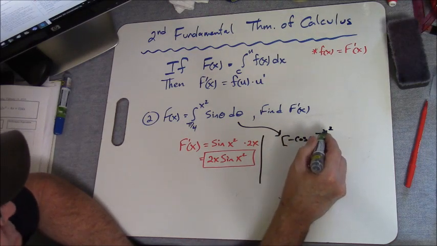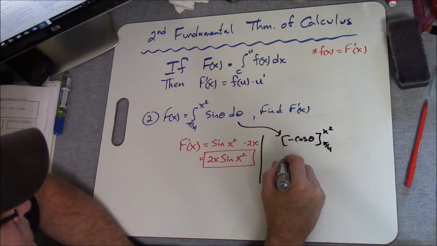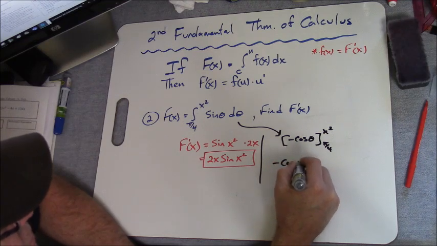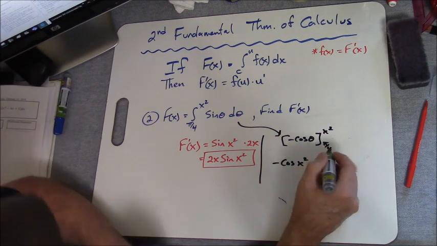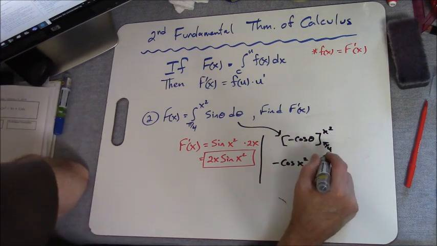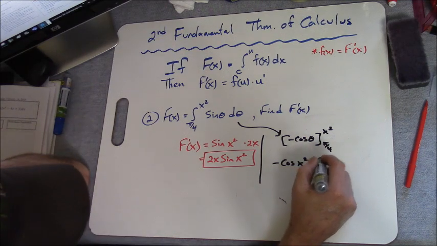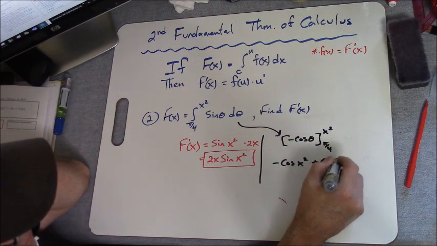And so if I plug that in there, I'm going to get a negative cosine of x squared minus what you get when you plug this in. So that would be I'm subtracting a negative cosine of pi over 4.